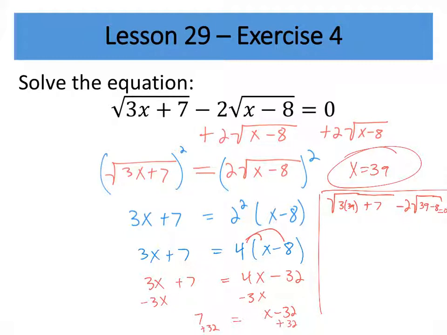So 3 times 39 plus 7, that's the square root of 124. This better be square root 31. I really don't like this. So the square root of 124 is 2 root 31 minus 2 root 31, and that equals 0, so this is a valid solution.